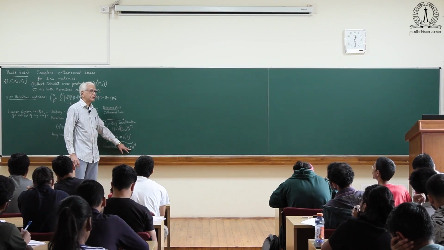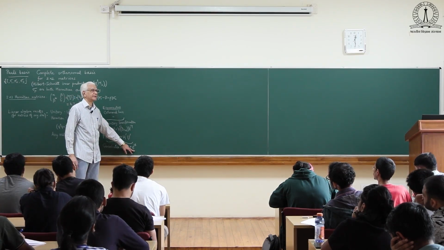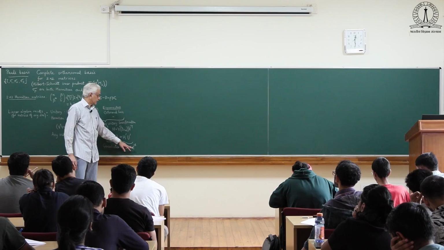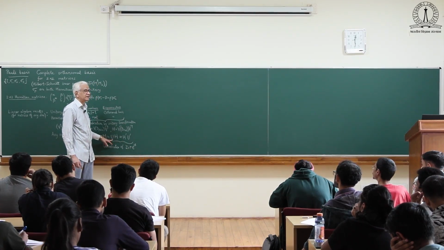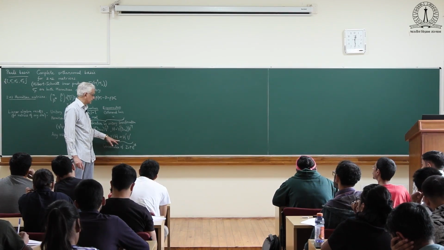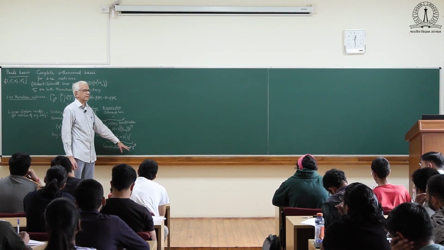There is a magnitude and there is a phase. So the unitary matrix represents the phase and the Hermitian matrix represents the magnitude.